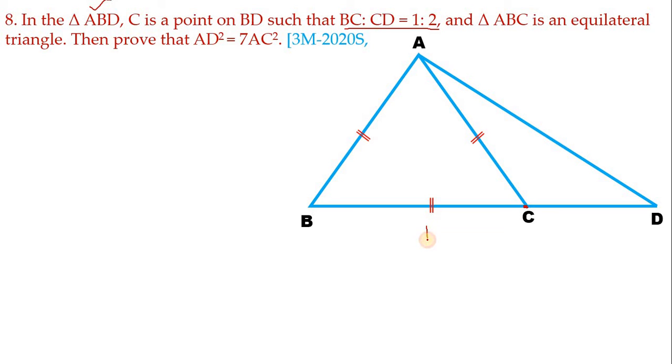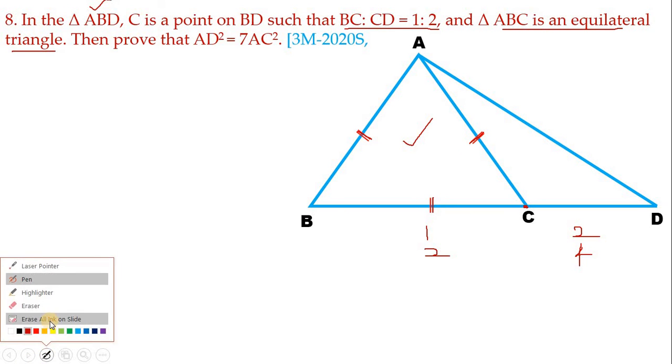This. If this is 1 centimeter, this will be 2 centimeter. If it is 2 centimeter, this will be 4 centimeter. And ABC is an equilateral triangle. This triangle is an equilateral triangle. Hence, I have shown all sides are equal.